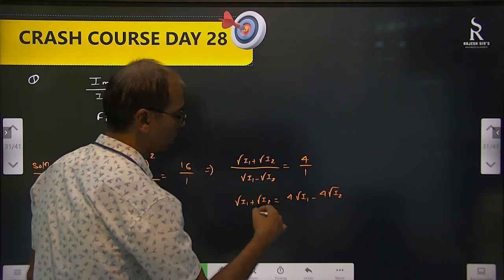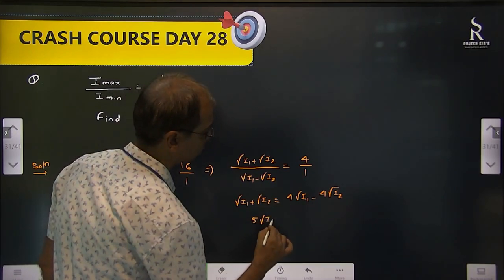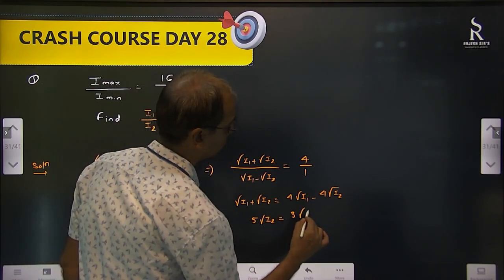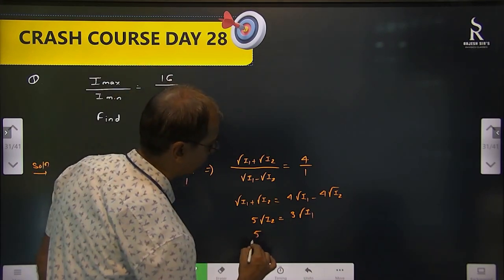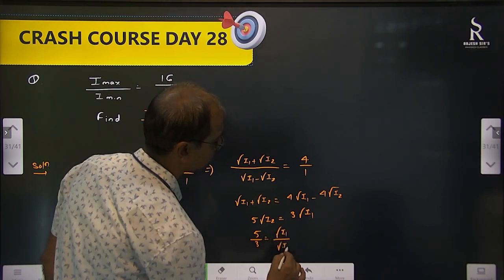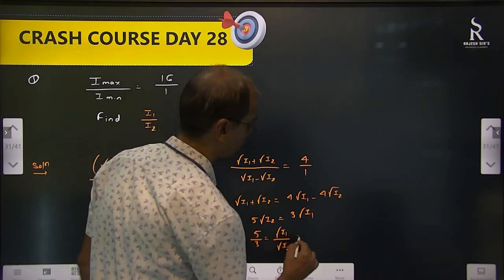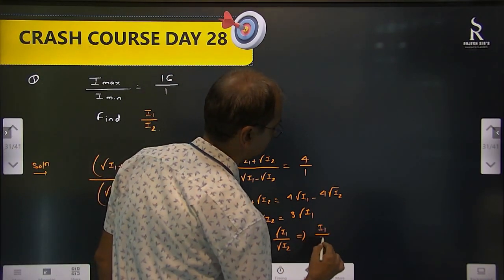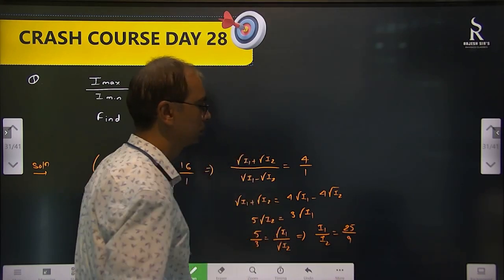Bring root I2 to one side, root I1 to the other side, so it becomes 5 root I2 equal to 3 root I1. We want I1 by I2. So 5 by 3 equal to root I1 by root I2. So I1 by I2 is 25 by 9. Done.